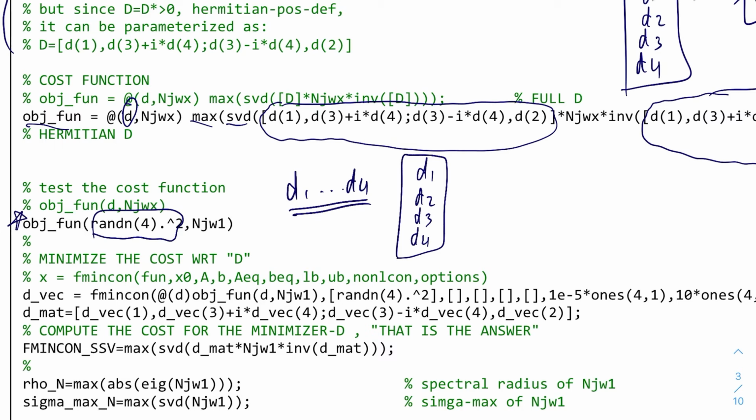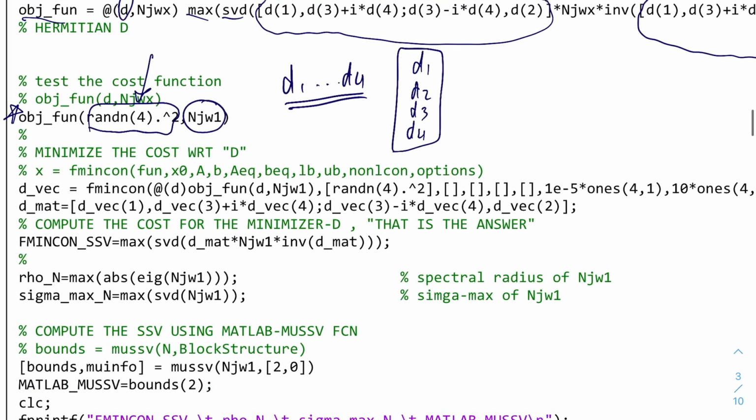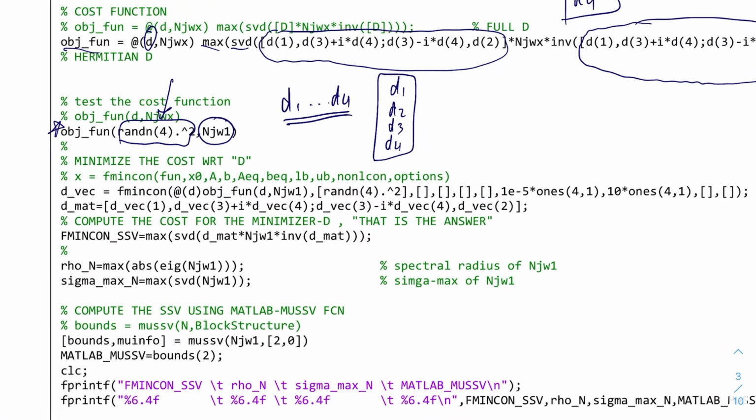I just check here that the objective function works. I supply some D, and for our complex matrix M, it gives me some cost. All right, let's continue.